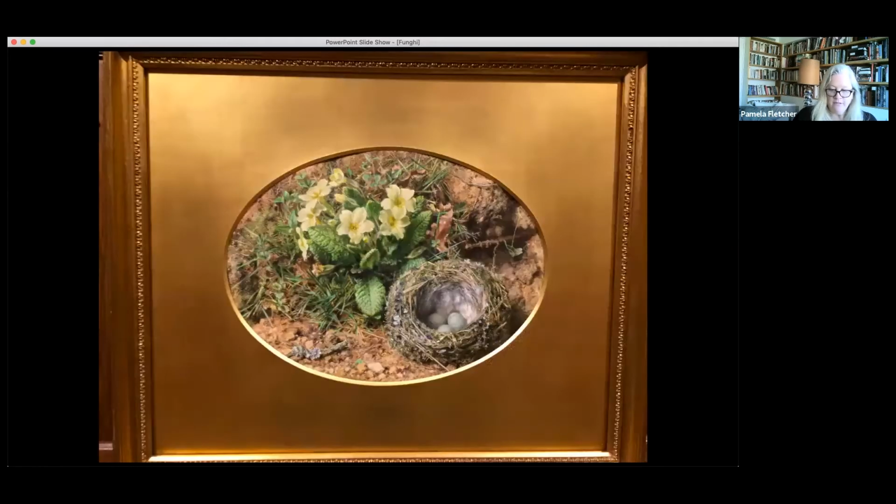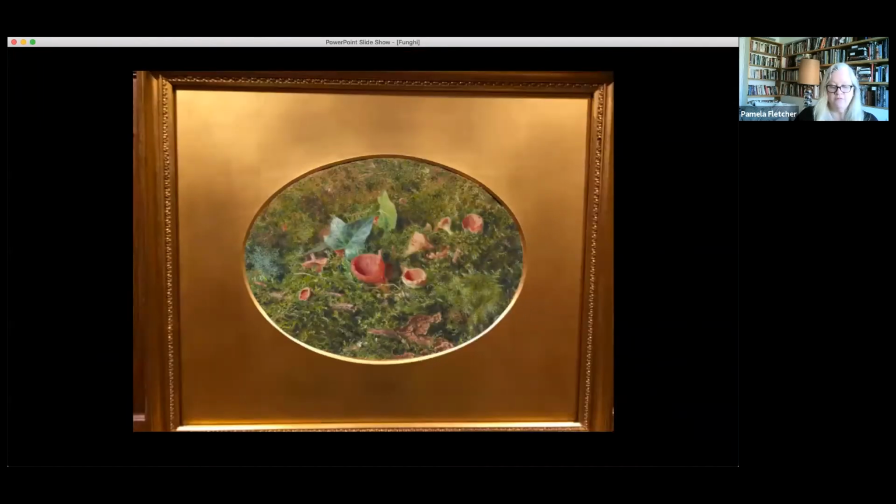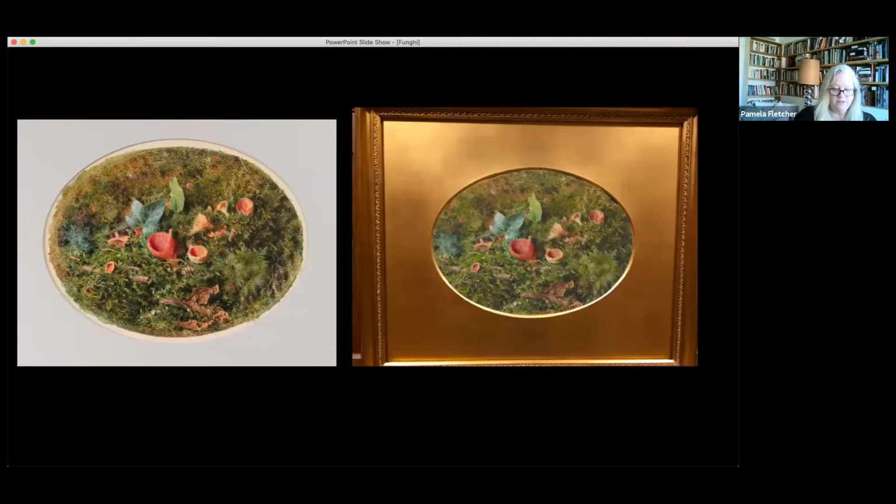I think it would originally have been framed like this Hunt's bird's nest at the Frick in Pittsburgh, with a gold frame coming right up over the edges. So as an experiment, here's a version with fungi photoshopped into the Frick frame. When you compare the two, you can see how the frame changes your view, focusing your attention on the mushroom, the leaf, and the moss with a microscopic precision.